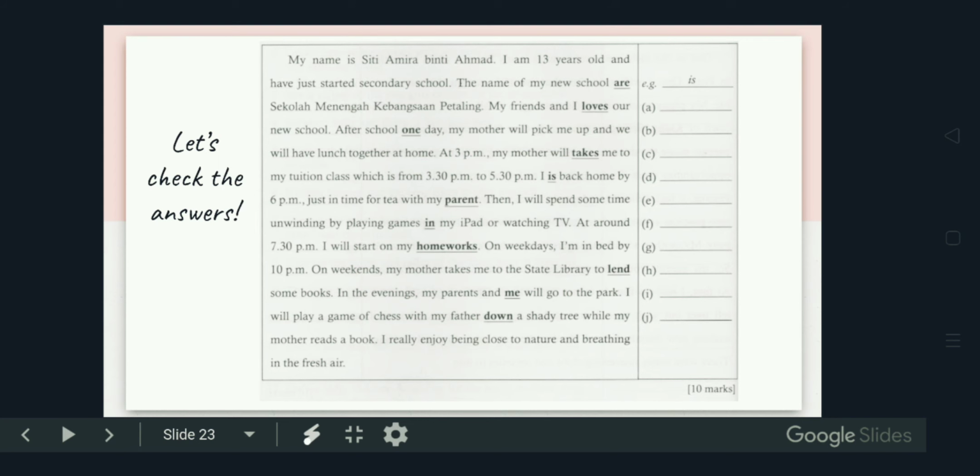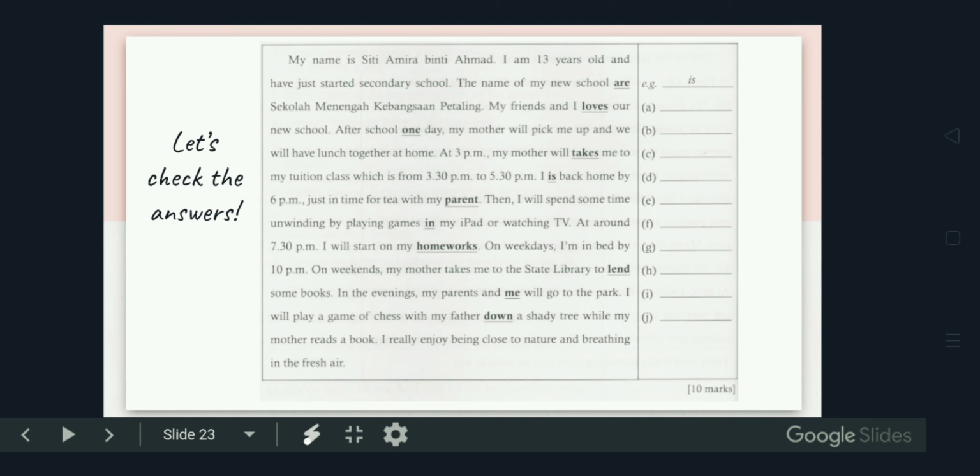Okay, "parent" refers to either your father or your mother, but if you are talking about both of them, you use "parents". Okay, then I will spend some time unwinding by playing games on my iPad, not "in my iPad". I know that they are inside your phone, but we use the preposition "on".